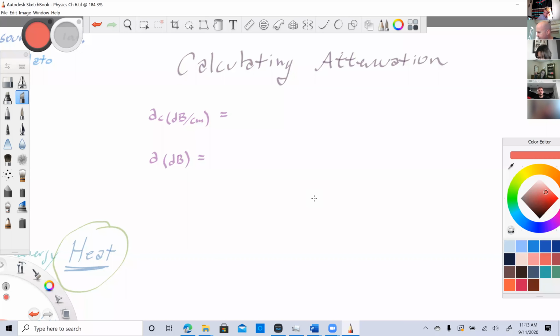I always use a small letter a, subscript c, for attenuation coefficient, and that is in decibels per centimeter. So every centimeter we go, we lose X amount of decibels.